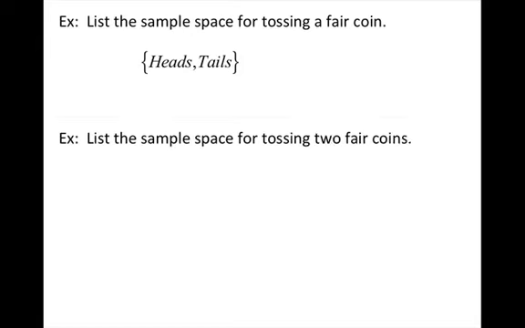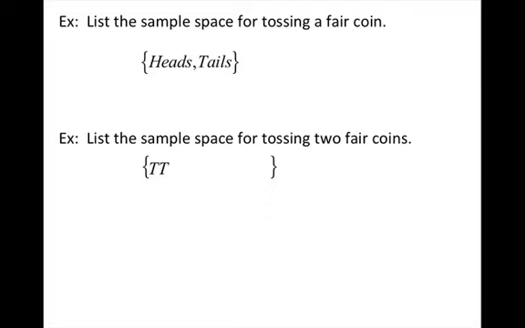The sample space for tossing a fair coin, if you toss a coin once, it could land on heads or tails. So our sample space is the set containing heads or tails. If we want to list the sample space for tossing 2 coins, this time I'm just going to use an H for heads and a T for tails. Well, the first outcome, both coins could land on tails.